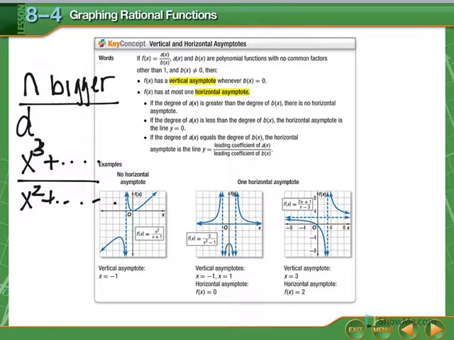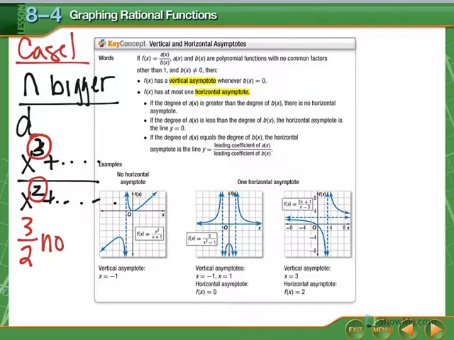What you want to do is look at the biggest degree on the numerator and denominator. The biggest we have on top is a 3, the biggest on bottom is a 2. 3 is bigger than 2, so that means there's no horizontal asymptote. So that's case 1, and again, that's horizontal asymptotes.